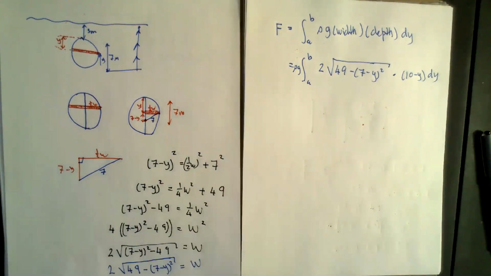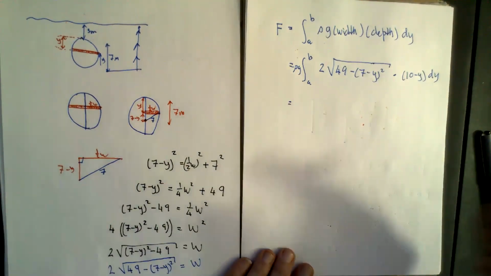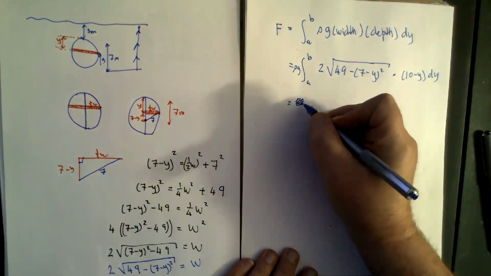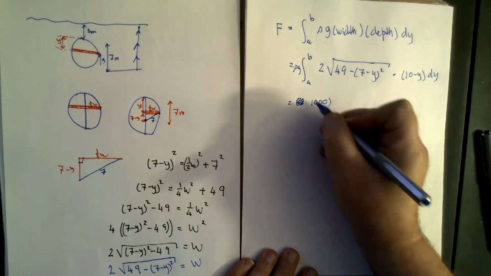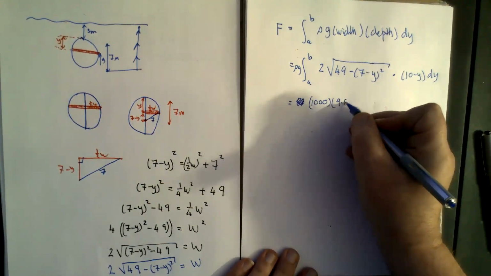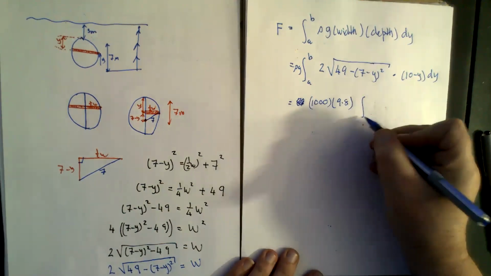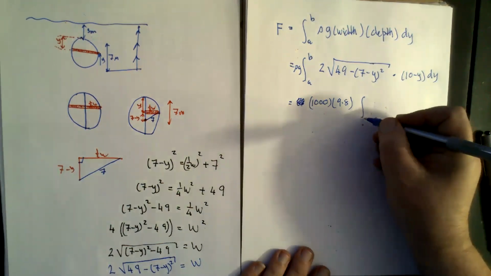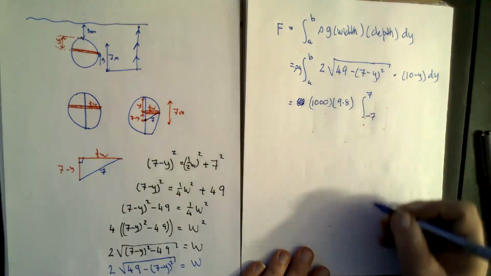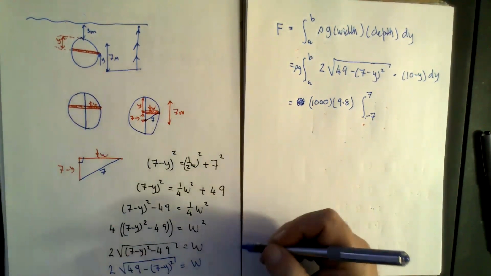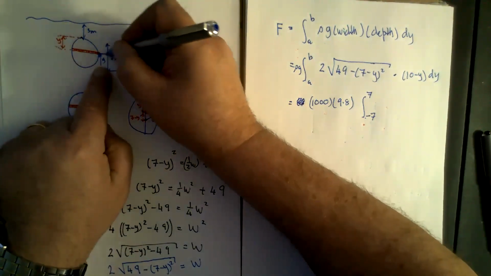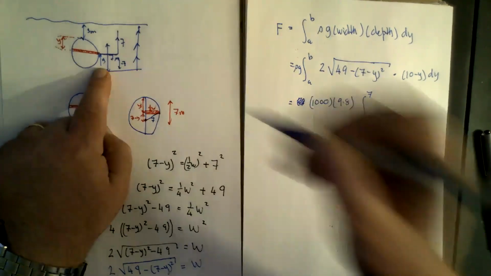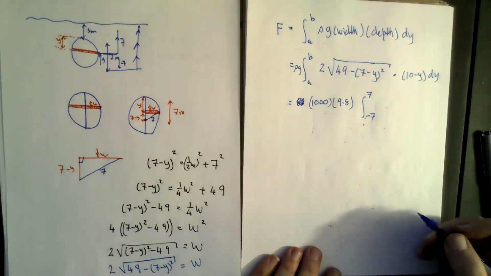Now this integral is not feasible, not as a normal integration. So it's just going to be 1000 times 9.8, the integral, and the integral will then go from -7 to 7, because I actually said that the distance was measured from the bottom, but it's actually measured from here, so half of it goes down 7 and half of it goes up 7, which is even weirder, but that's the one that they've got.